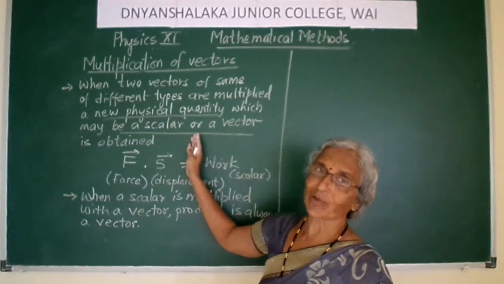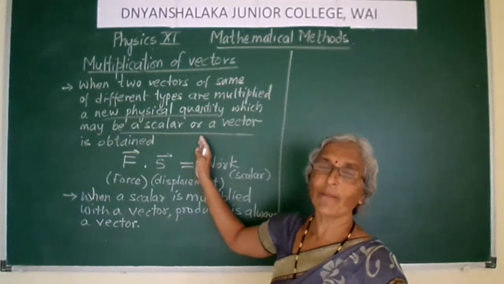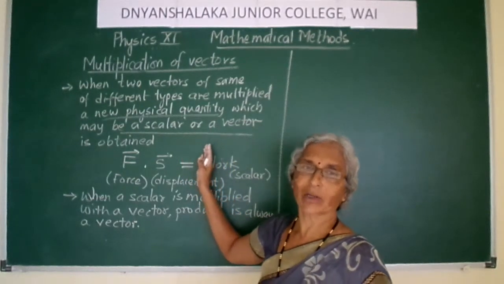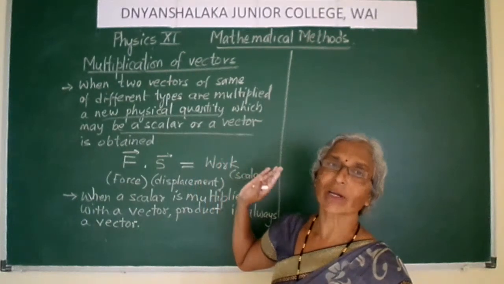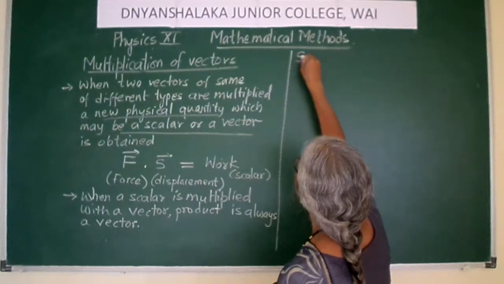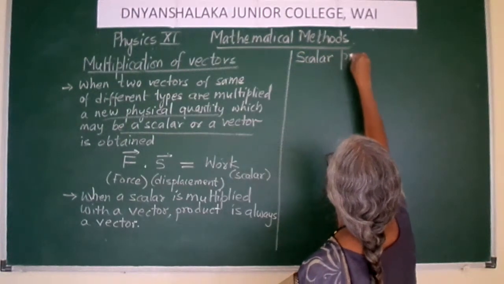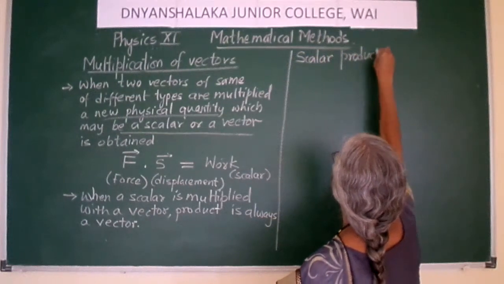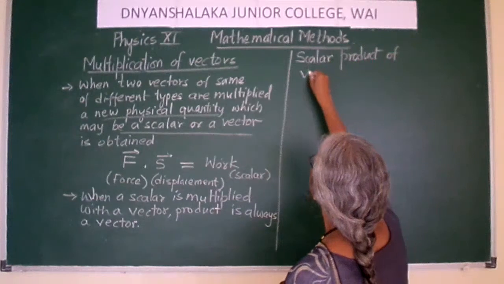So we have to study two products of vector multiplication, that is the scalar product of vector multiplication and the vector product of vector multiplication. So firstly, let us go for scalar product of vector multiplication. Understand, what are we saying? Scalar product of vector multiplication.